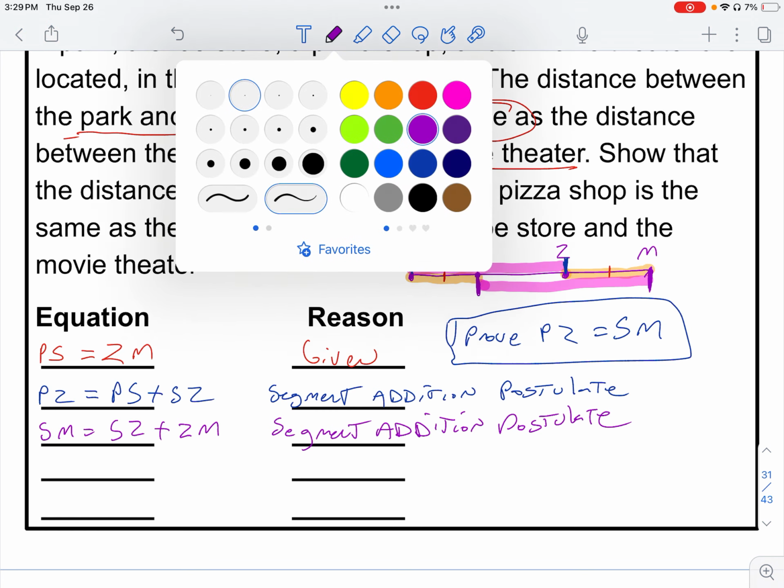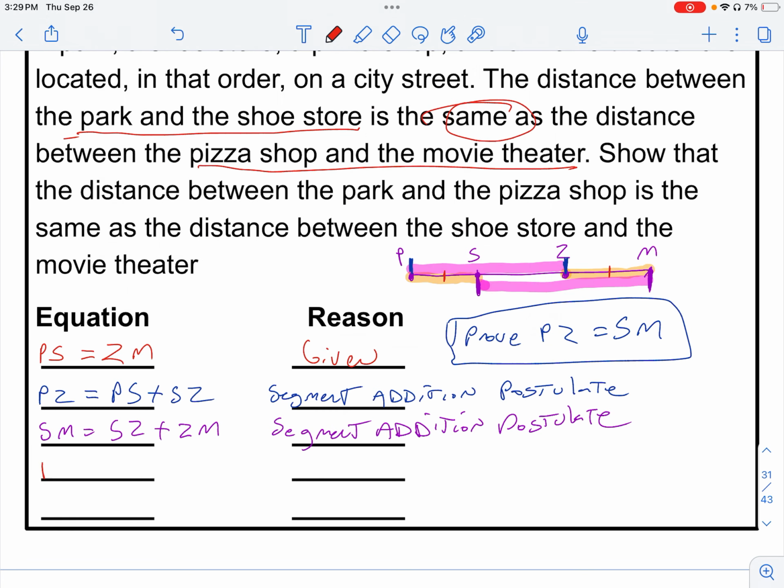So let's go back up to the top where we have PS equals ZM. Because what I noticed is we have PS plus SZ, ZM plus SZ.